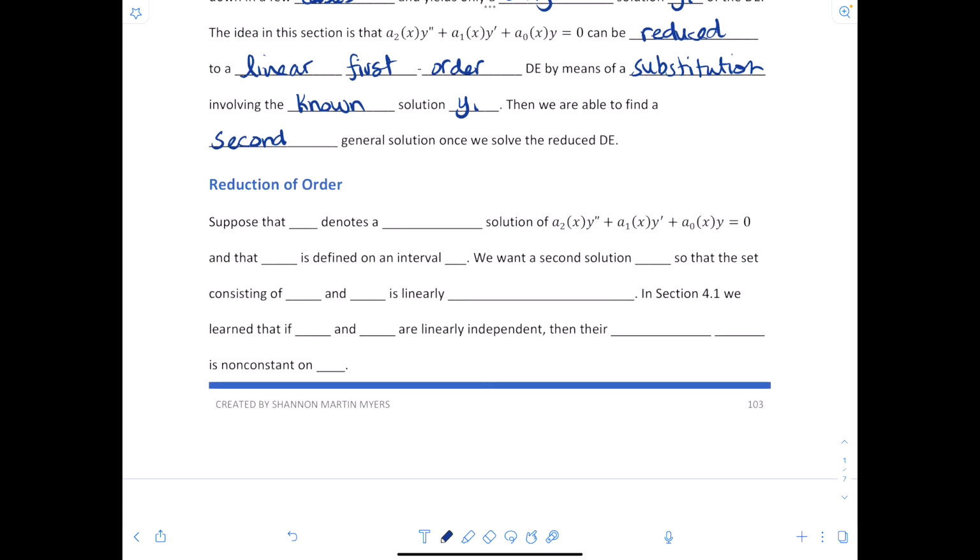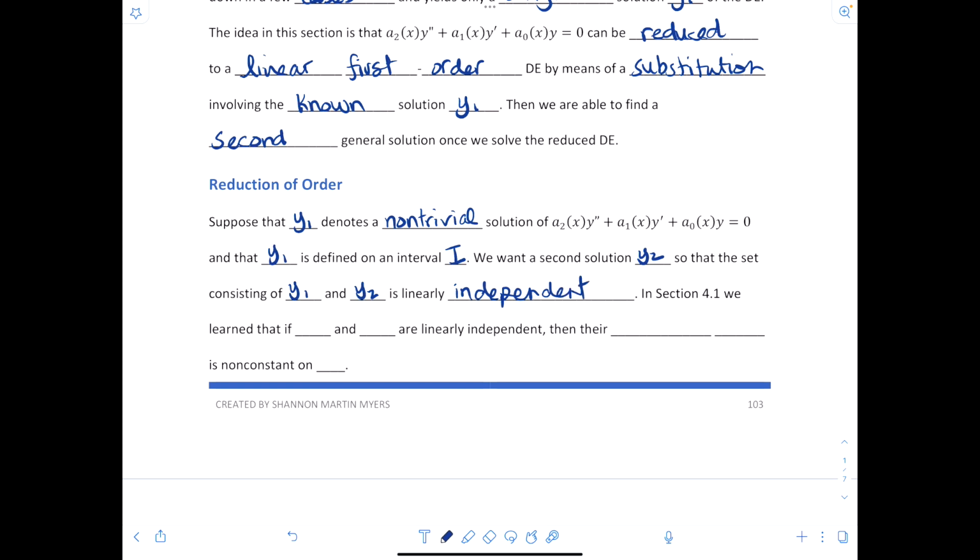Suppose that y1 denotes a non-trivial solution of this equation we've been working with, and that y1 is defined on an interval I. We want a second solution y2 so that the set consisting of y1 and y2 is linearly independent.